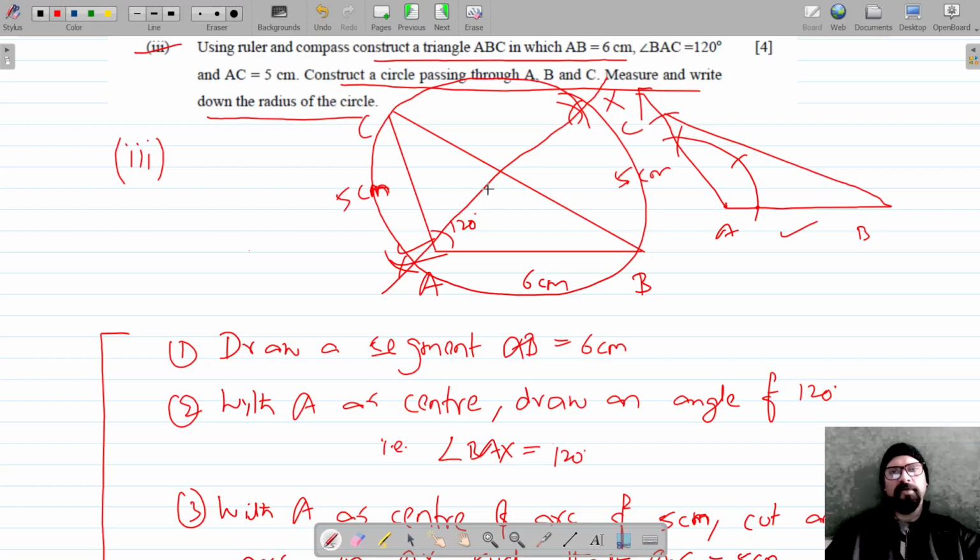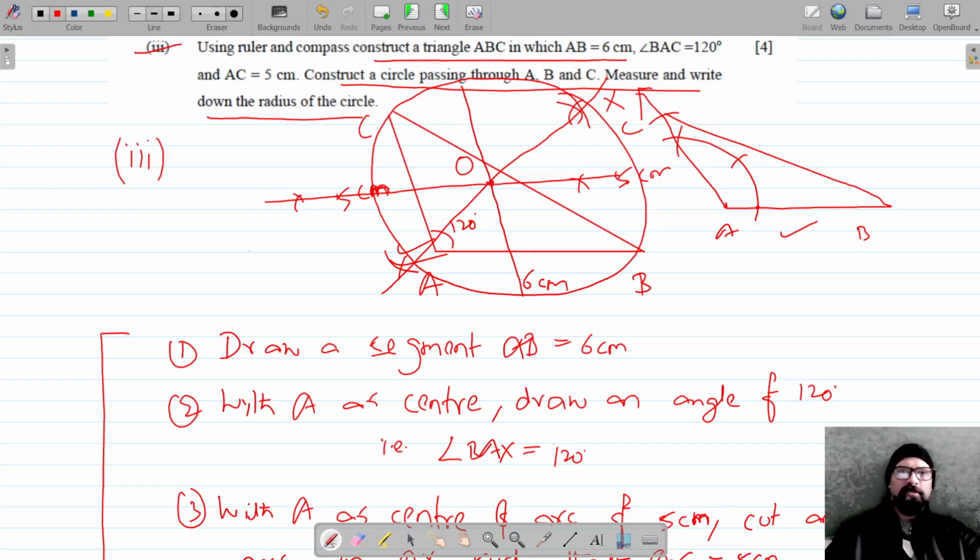So draw the perpendicular bisector of BC, draw the perpendicular bisector of AC, and the point where they intersect. You can also draw the perpendicular bisector of AB. So the point where they intersect will be the center of the circle that passes through A, B, and C.